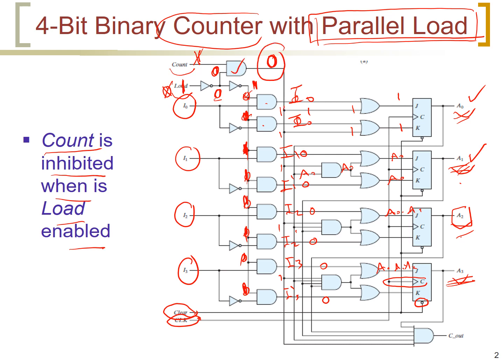Therefore, all this line here will be 0. And this means that each OR gate will have one input as 0. The other inputs of the OR gates will come from I0 or I0 prime. So this will be I0, therefore it will appear here, and this will be I0 prime. Similarly, this will be I1, I1 prime, I2, I2 prime, and I3, I3 prime.